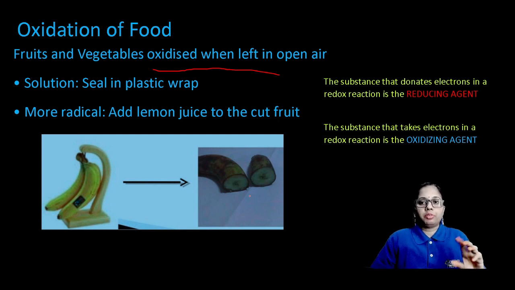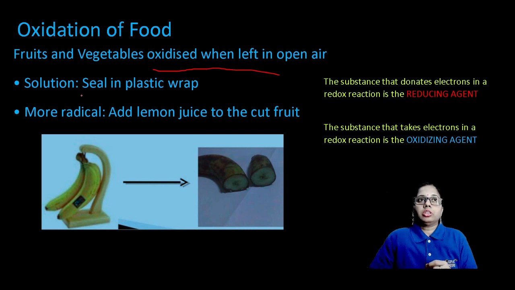If you cut an apple, the iron present in the apple is oxidized. Similarly, people also get oxidized. That's why most anti-aging drugs contain antioxidants.